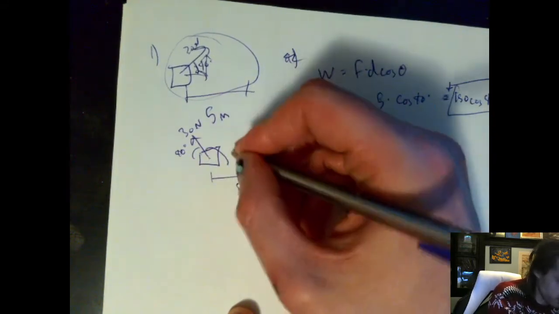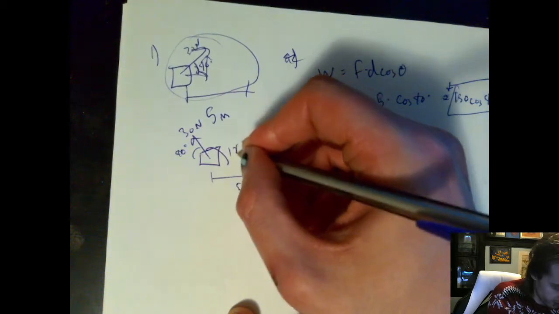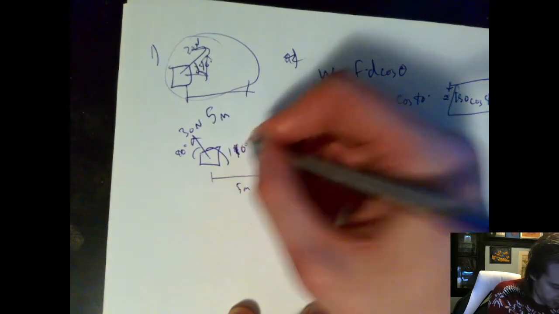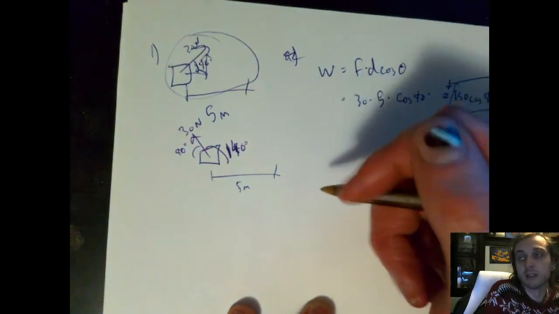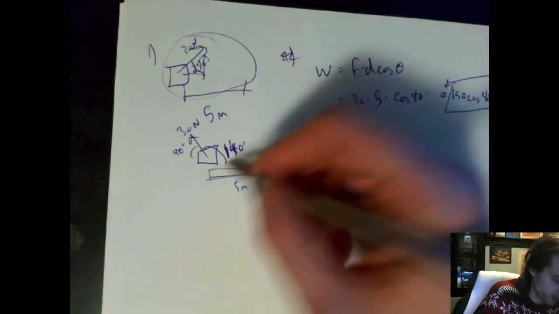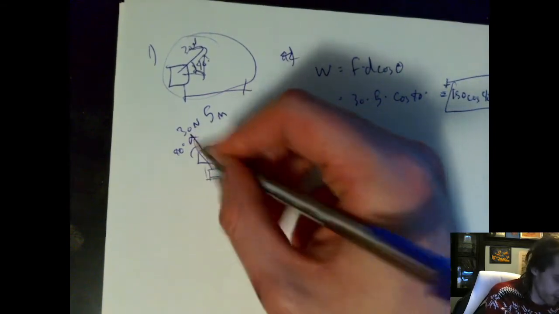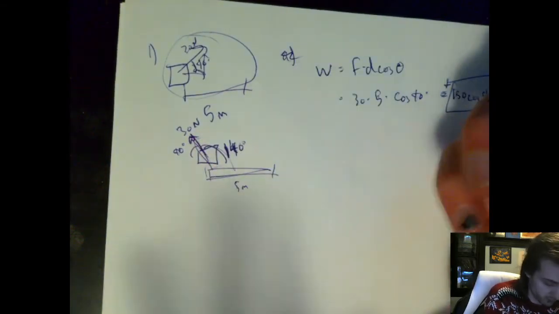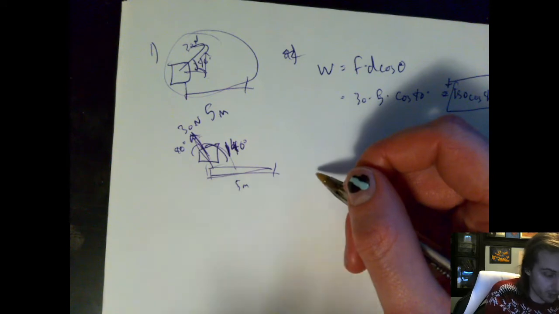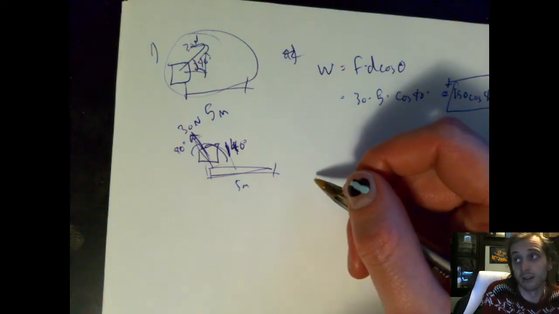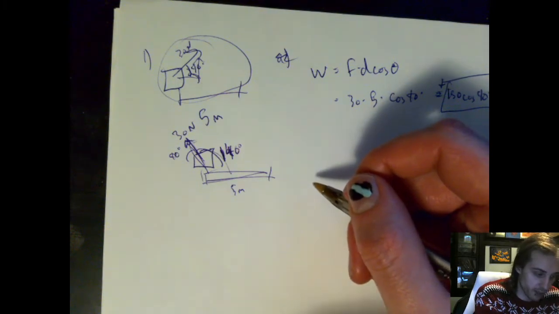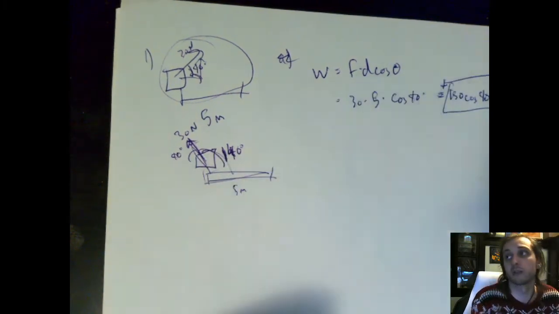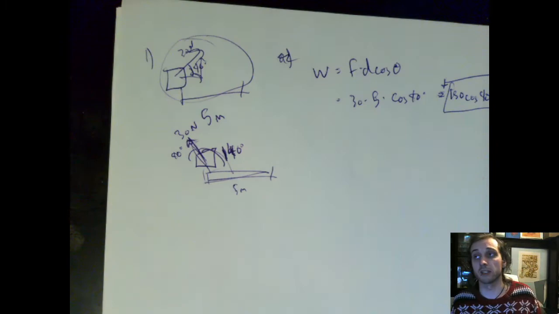You actually need to use the 140 degrees instead, specifically because it's the angle from this one to this one, or from this one to this one. Those are the same as each other, and that'll be what gets you the correct sign on the work. The sign's not going to matter too much if you want to just be like, okay, whatever, I know it's pulling it backwards, so it's taking energy away from it, so it winds up being negative.